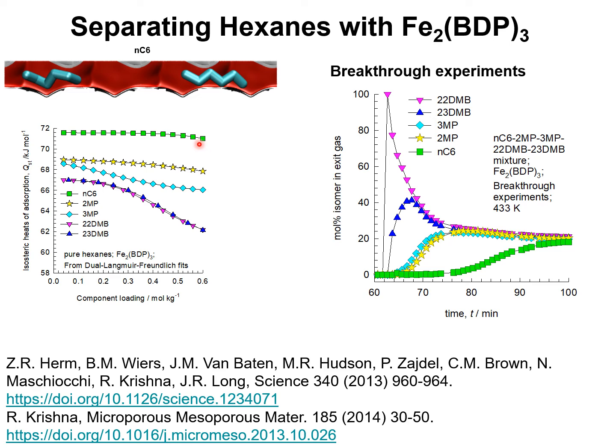The isosteric heats of adsorption of the hexane isomers in the 4.9 angstrom triangular channels of Fe2(BDP)3 are shown in this graph here. The hierarchy of binding strengths is normal hexane, 2-methylpentane, 3-methylpentane, and the di-branched isomers 2,2-dimethylbutane and 2,3-dimethylbutane.